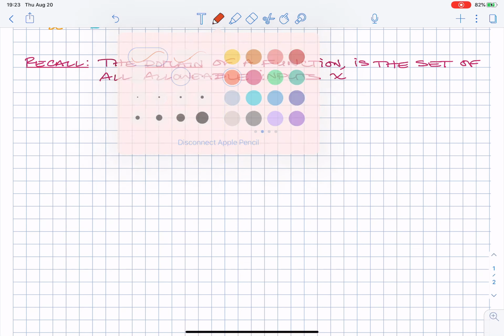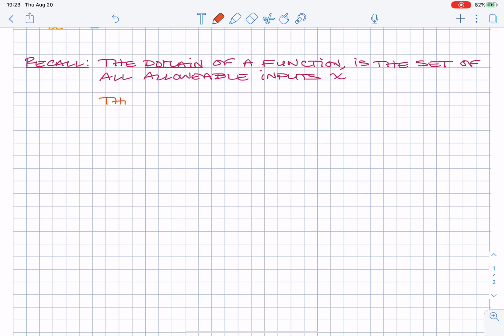Whereas the range of a function, we're also going to use the word set.